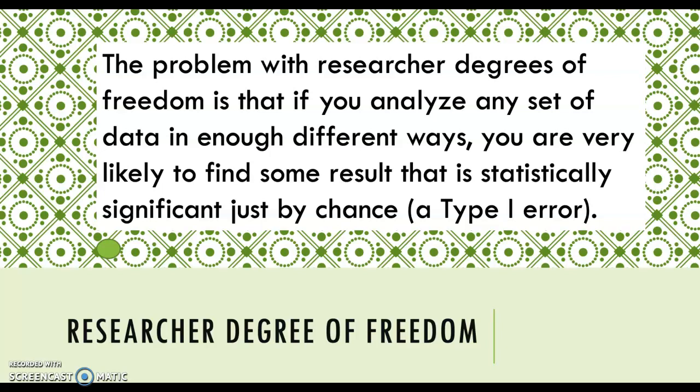It's important to emphasize that taking advantage of researcher degrees of freedom to find statistically significant results, which has also come to be called p-hacking, does not necessarily imply bad intent on the part of researchers. On the contrary, this approach has been fairly common and accepted for decades. It's only recently that researchers have come to understand how large an influence it can have on type 1 error rates.